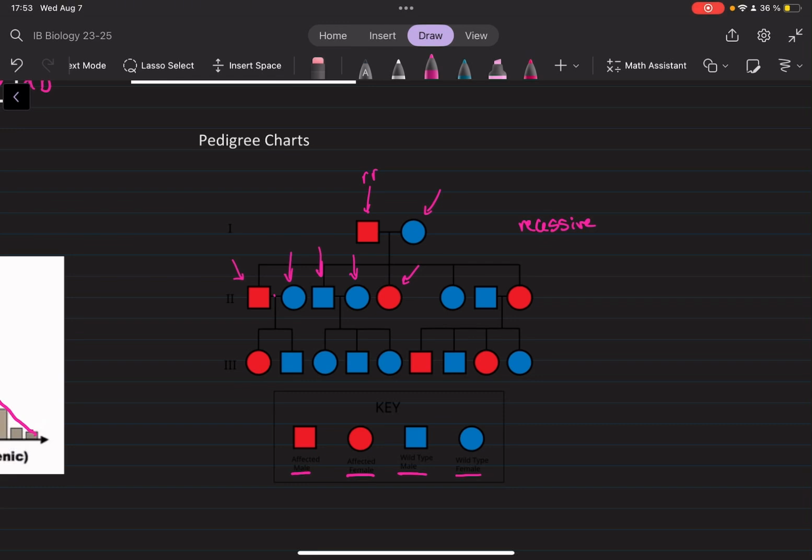However, this person must have at least one dominant gene and one recessive gene. So they must be a heterozygous carrier. So maybe they are big R, little r. We know this because if these people are affected by it, then there has to be at least one recessive gene within this person. But they are also unaffected, so therefore they must also have a dominant gene that makes them not affected by it.